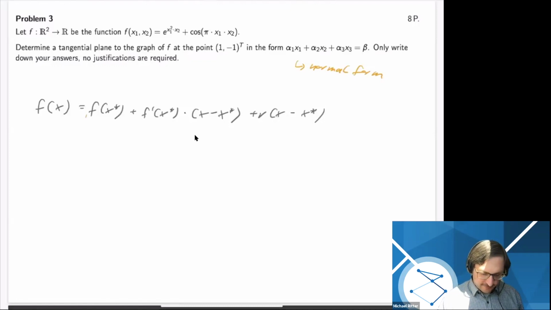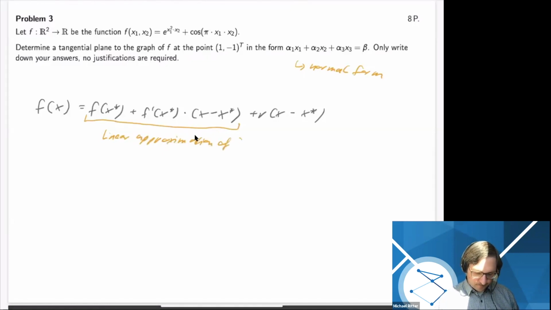So that first part here, without the remainder, is the linear approximation of f at x star. And what that means geometrically, a linear approximation of a graph, is just a tangent plane at the graph. So that's the plane that we want.